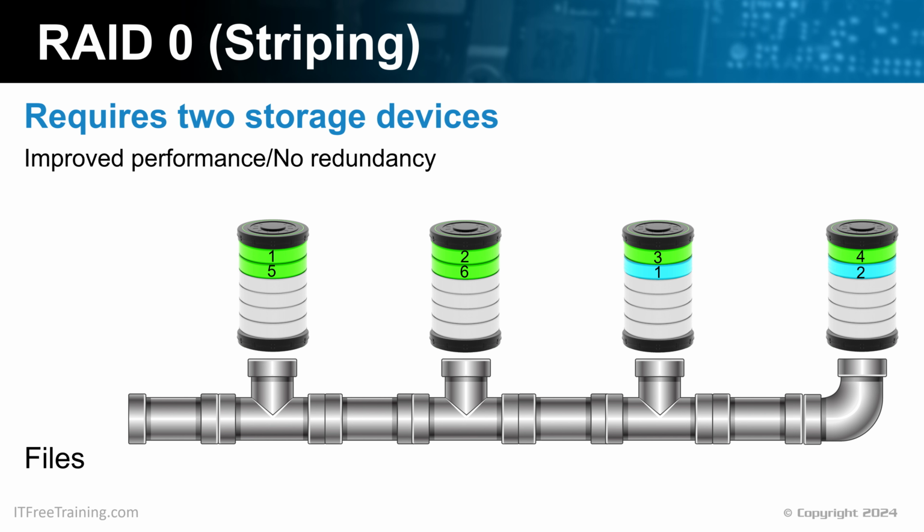In order to read this, the last 2 hard disks can be accessed at the same time. If this file was on a single hard disk, 2 reads would have been performed on the same hard disk. In this example, all the hard disks are identical, that is, the same capacity and same performance. If the storage devices have different capacities, the array will be built based on the smallest storage device in the array.